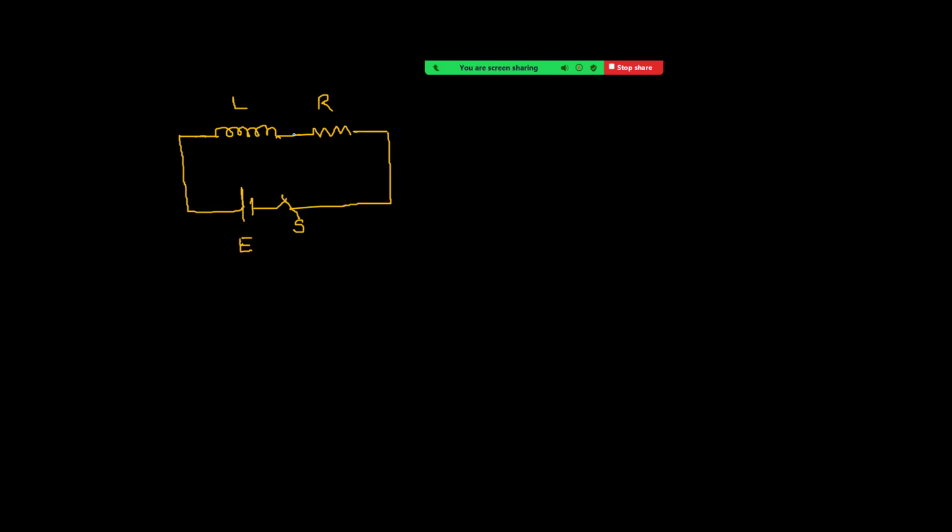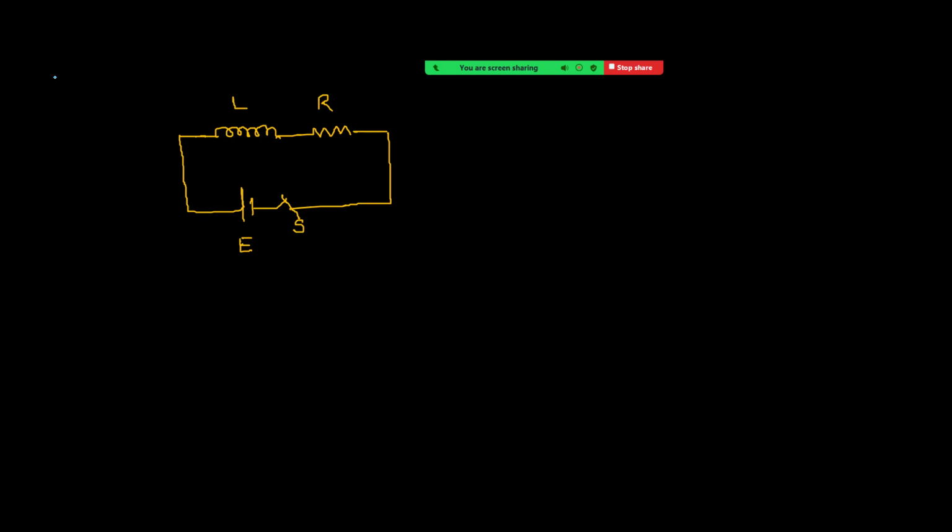It takes some time because it is opposing the change in current, but not current. So we have learned that an inductor opposes change in current but not current. That's why current takes time to reach its peak value.